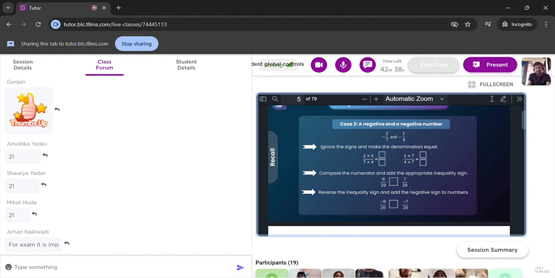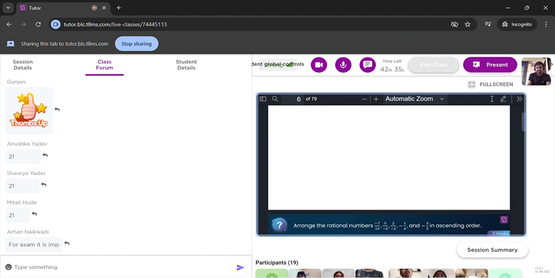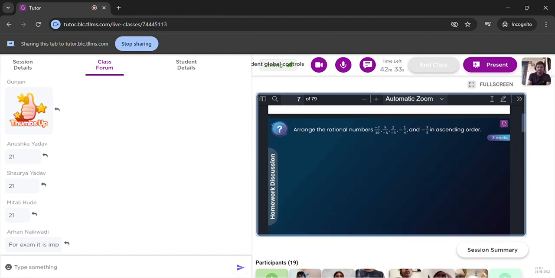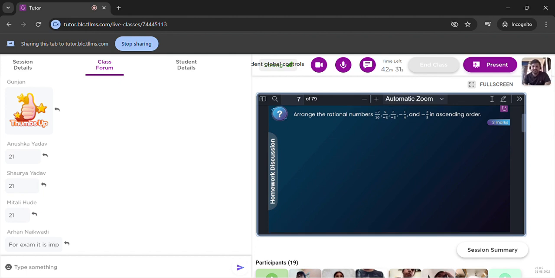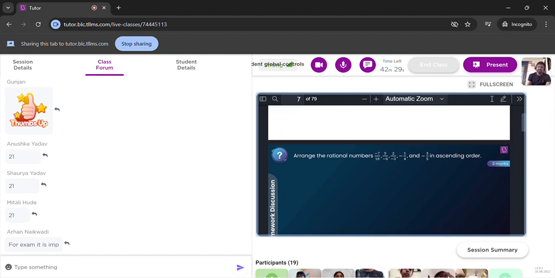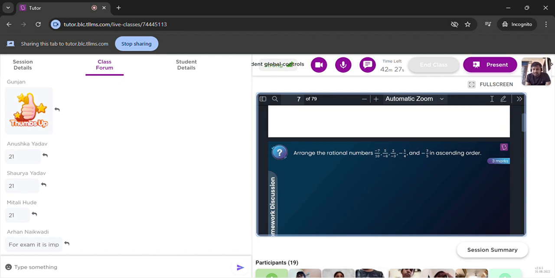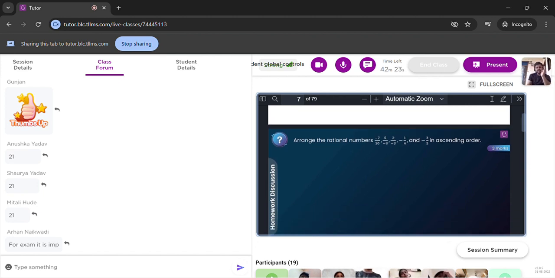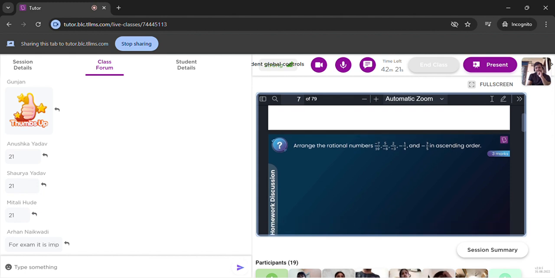These all are related to comparison. Now we have to arrange the given rational numbers. The first rational number is minus 7 by 10, and then 5 by minus 8, and then 2 by minus 3, and then 1 by 4, and then minus 3 by 5.